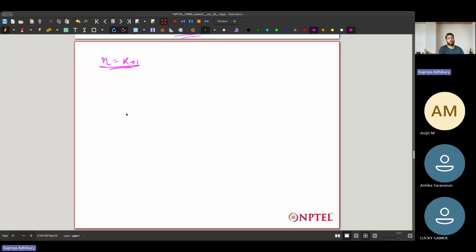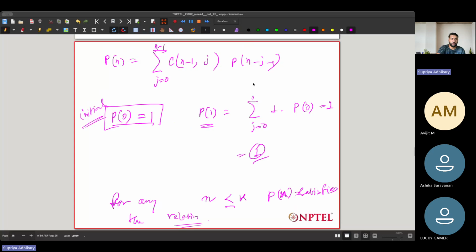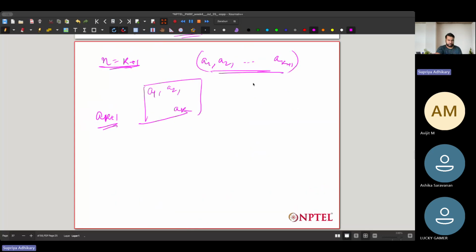So for n equal to k plus 1, we have k plus 1 many elements, a1, a2 up to a k plus 1. Now we select the element a k plus 1, and the rest of the elements are a1, a2 up to ak. So there are k elements over here, and k plus 1 is one element. Now how many ways can we partition this set of k plus 1 elements?